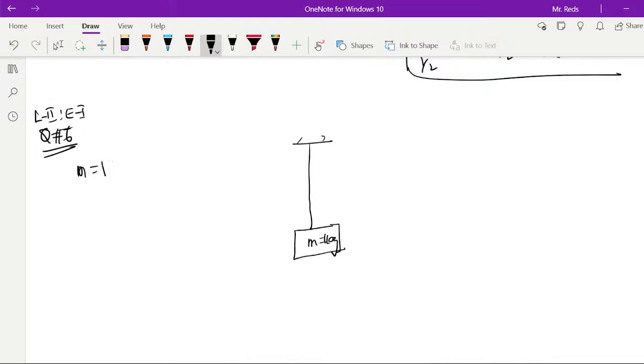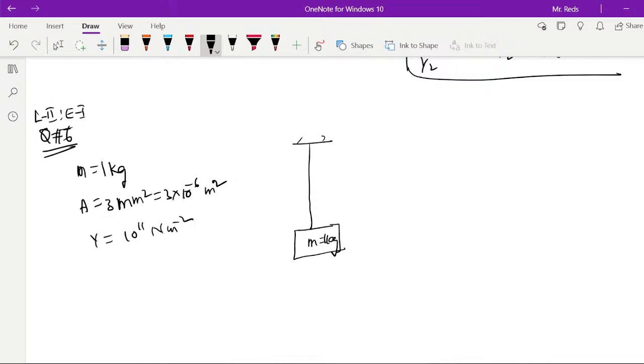So M is equal to 1 kg weight is attached to one end of a steel wire of cross-sectional area A equal to 3 mm square, which is 3 into 10 to the power minus 3 meter whole square, meaning 10 power minus 6 meter square, and Young's modulus Y is equal to 10 to the power 11 Newton per meter square.